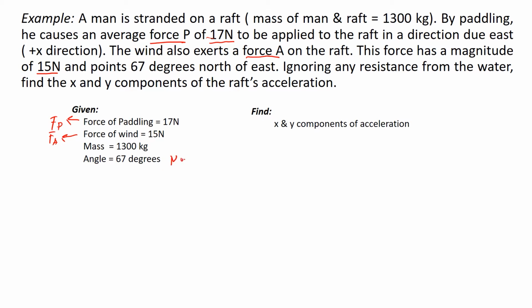We are required to find the x and y components of the acceleration. We're going to make a free body diagram, plotting these forces, so that we can easily visualize the best method.